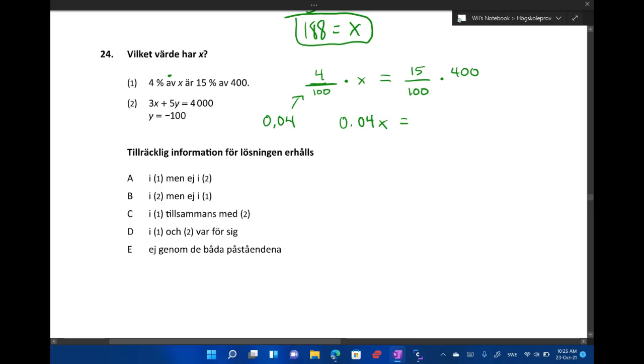We can do cross reduction. We have 400 here, 100 here. 400 divided by 100 is just 4. So we have 15 times 4, which is 60. We divide both sides by 0.04.